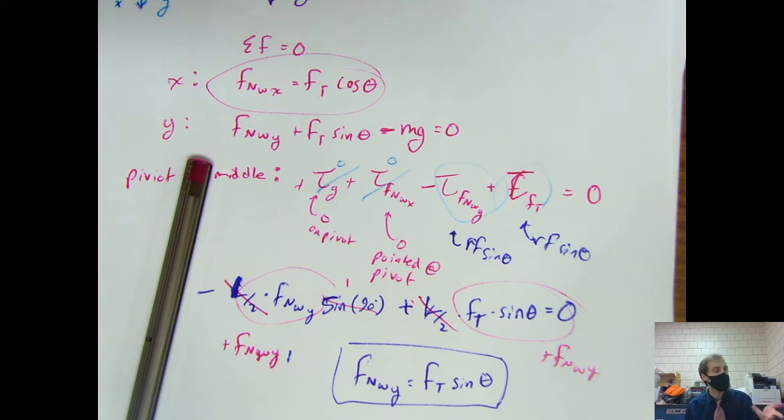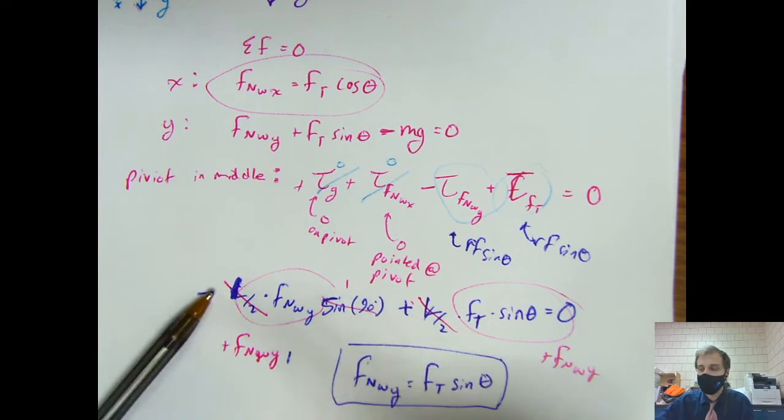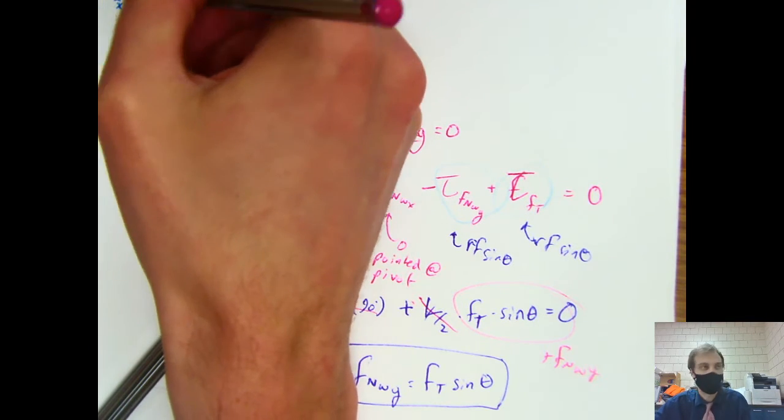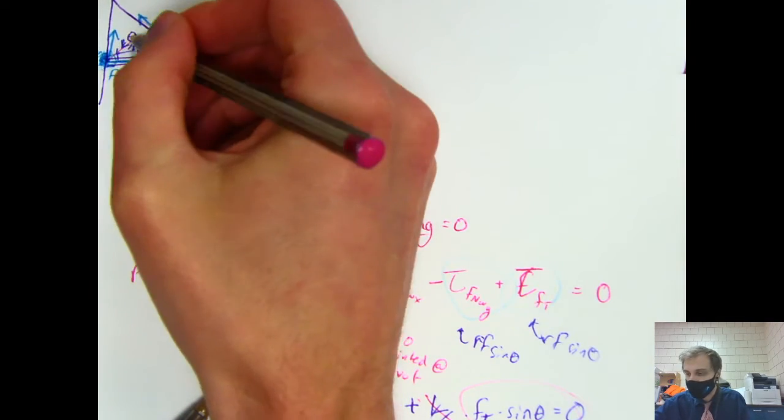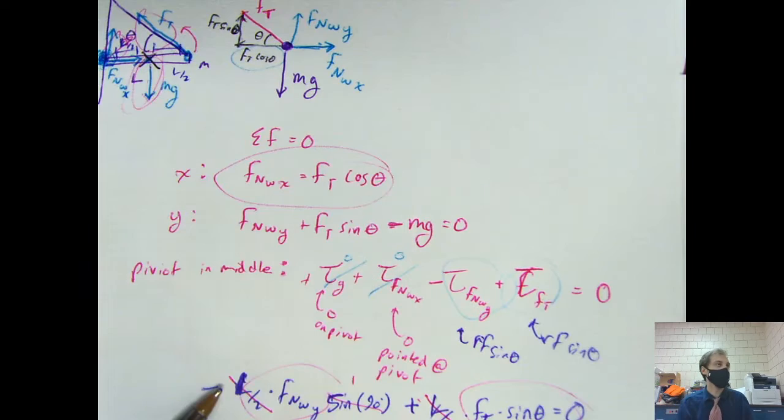So weirdly enough, or maybe not weirdly if you think about the symmetry of it, because you need it to completely balance, and it's balancing around this mg, you need the normal force to be the exact same as the force of tension.